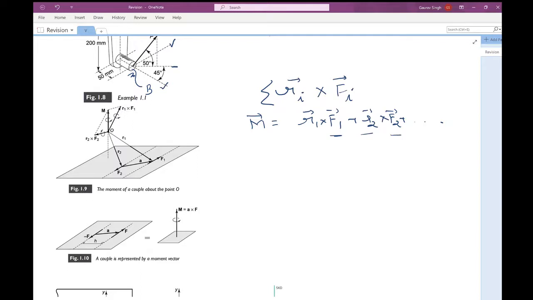Here it shows a situation where there are parallel forces F1 and F2, acting in opposite directions. First of all, this configuration is called a couple. Again, you must be aware of this from your earlier knowledge. And you want to find the sum of the moments of F1 and F2 about O.